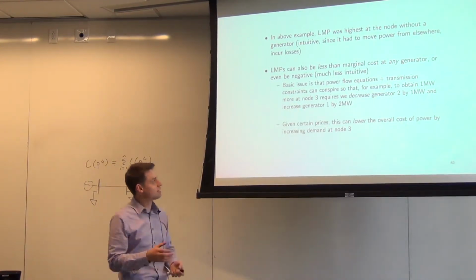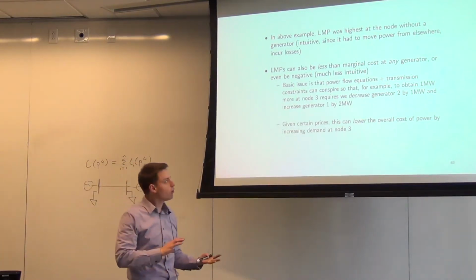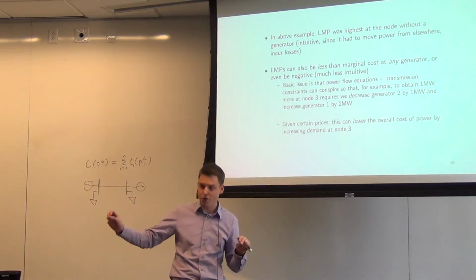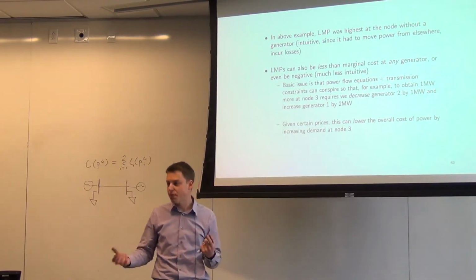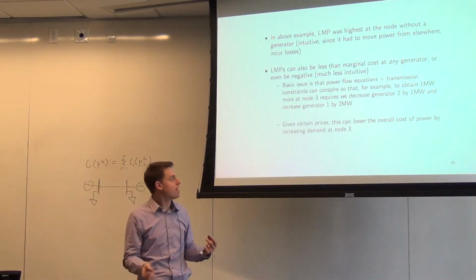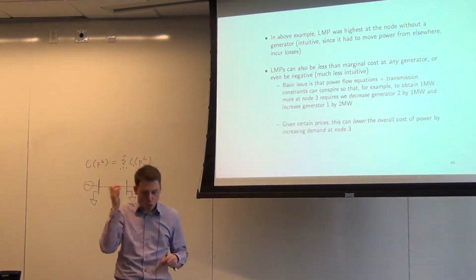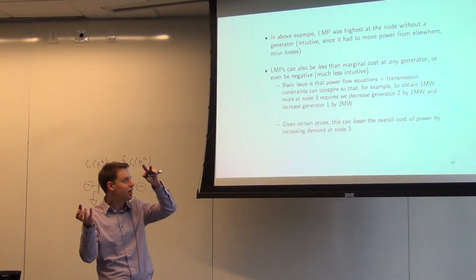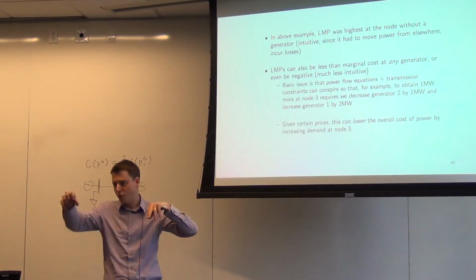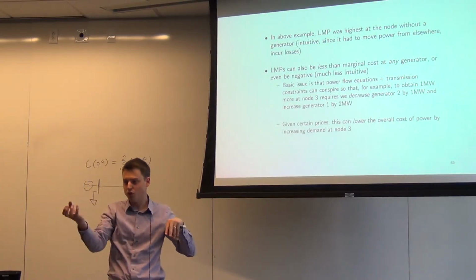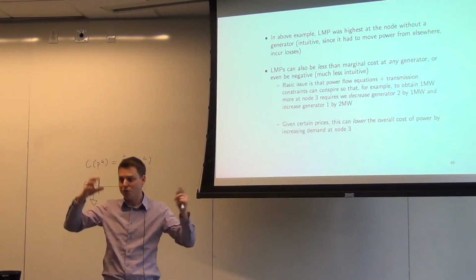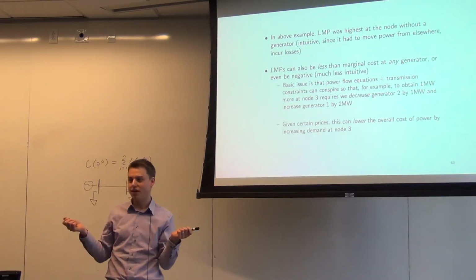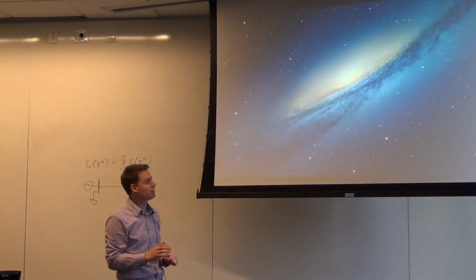The power flow equations and the transmission constraints, the fact that you can't transmit more than a certain power over a line, can conspire in weird ways so that if you want to consume more power at a given node, you have to produce less power in one generator and more power in another, maybe cheaper generator. And so it will ultimately be cheaper for everyone if you consume power at this node because of these transmission constraints. So they can happen in very weird, non-intuitive ways.